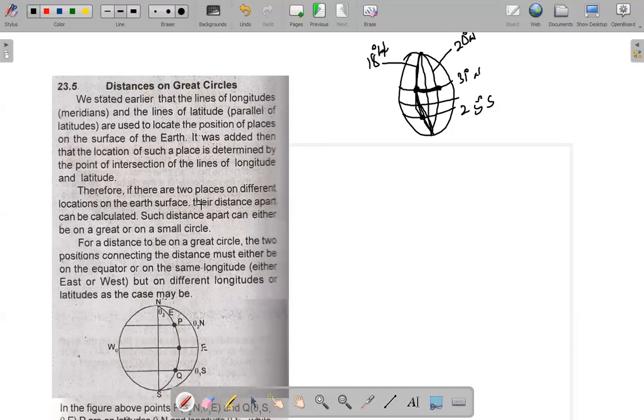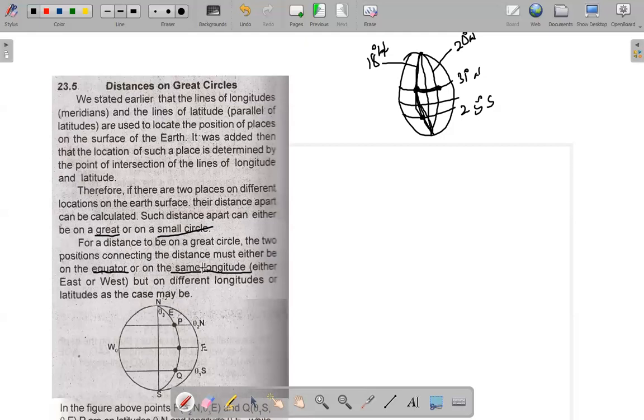Therefore, if there are two places on different locations on the Earth's surface, their distance apart can be calculated. Such distance apart can either be on a great circle or a small circle. For a distance to be on a great circle, the two positions connecting the distance must either be on the equator or on the same longitude, either west or east, but on different latitudes as the case may be.